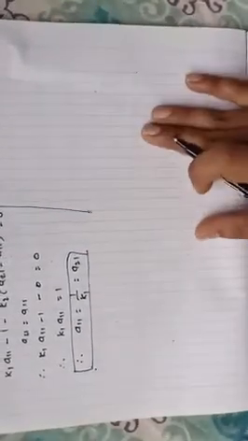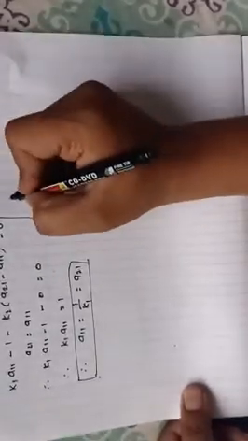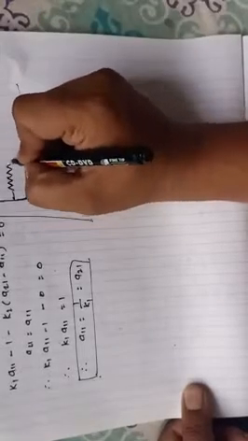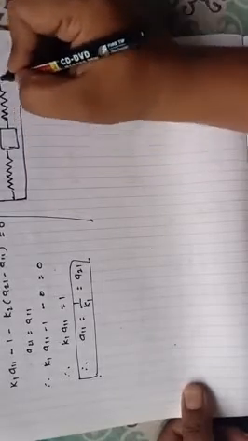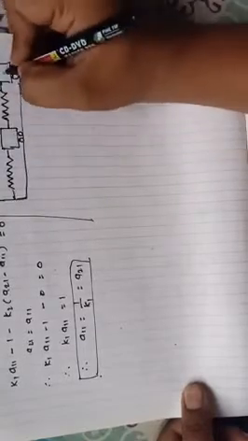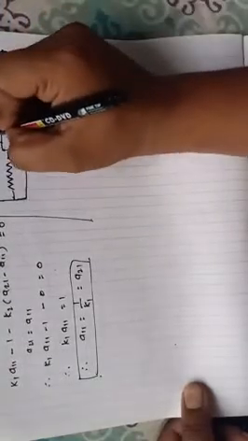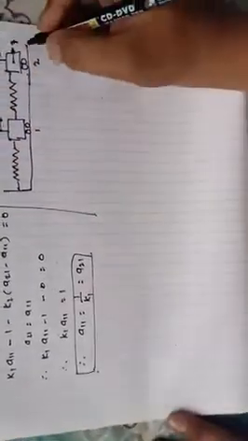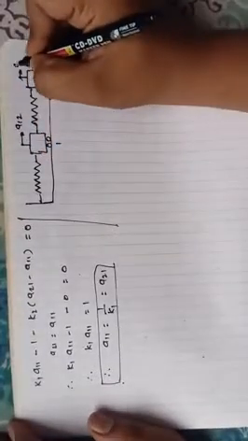Also, let's again assume the unit load at point 2. So there will be a unit load here. There will be deflections, due to the load applied at point 2, A12 and A22.